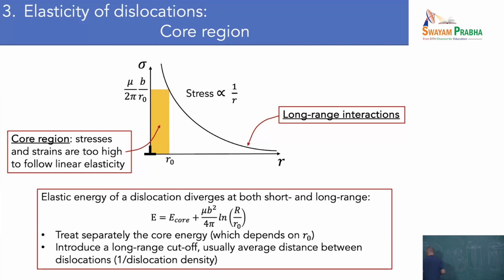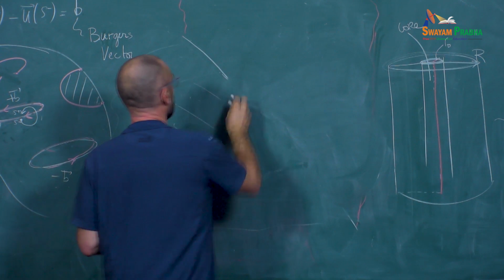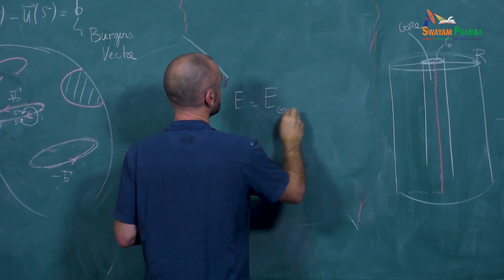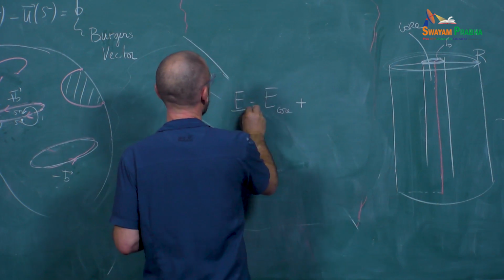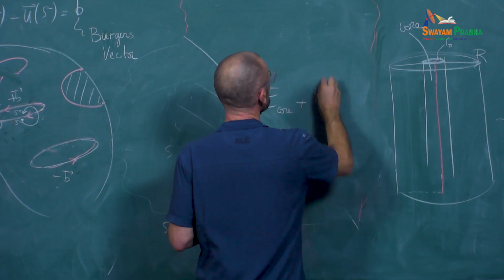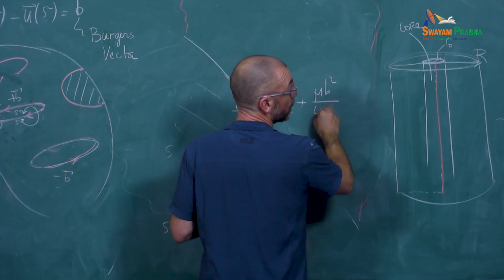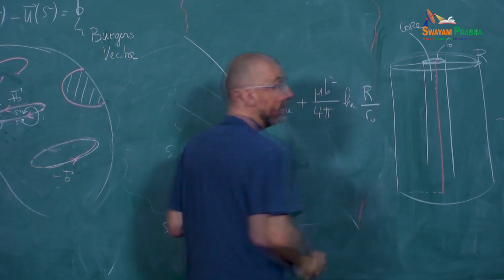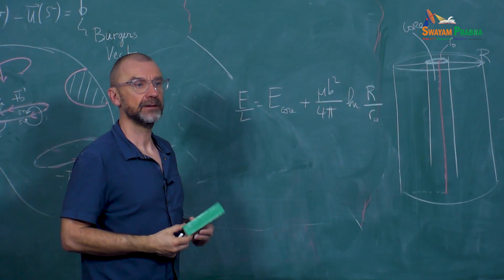So the total expression for the energy of a screw dislocation would be, E would be some core energy plus, or E over L if I do the energy per length, plus mu b squared over 4 pi log of capital R over small r naught.